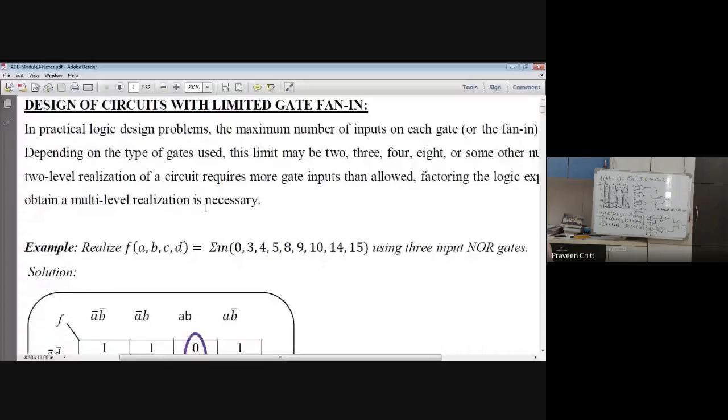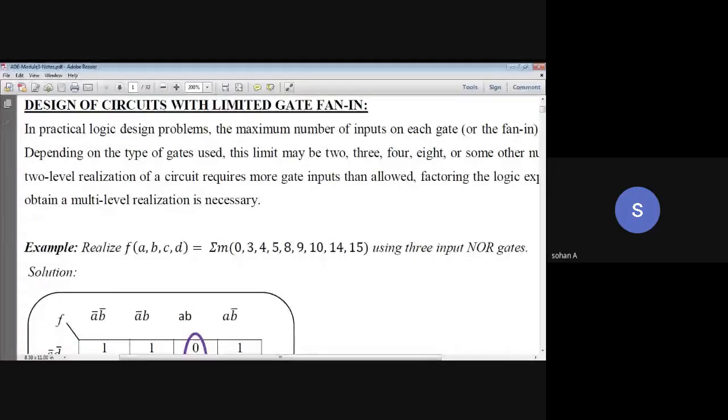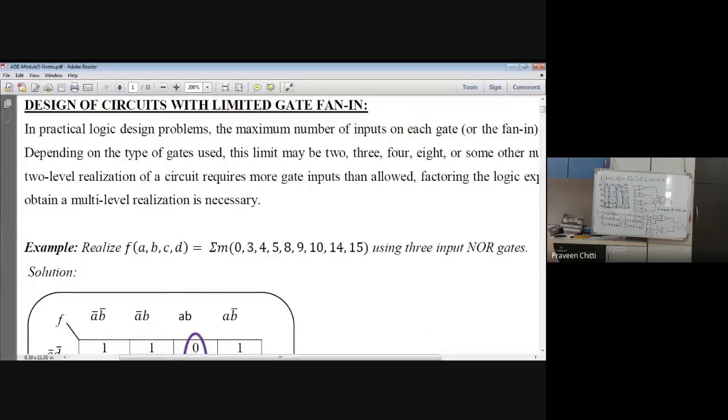Can you read, Sohan? Realize f of a, b, c, d equal to summation of 0, 3, 4, 5, 8, 9, 10, 14, 15 using 3-input NOR gates only. Yes. So first take down that example, all of you. Then we'll see how it should be implemented using only 3-input NOR gates.